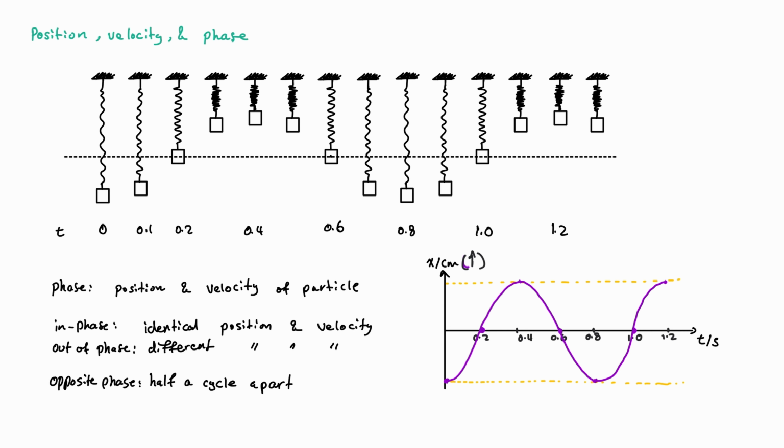Now let's look at velocity. So when we get it to this point over here, it's not really moving. So if I were to write its velocity, it would be 0. The spring is fully stretched, so it's going to put a force in the upward direction, pulling the object, so its velocity is going to be in the upward direction. Right at the middle point, the spring is no longer compressed or stretched.